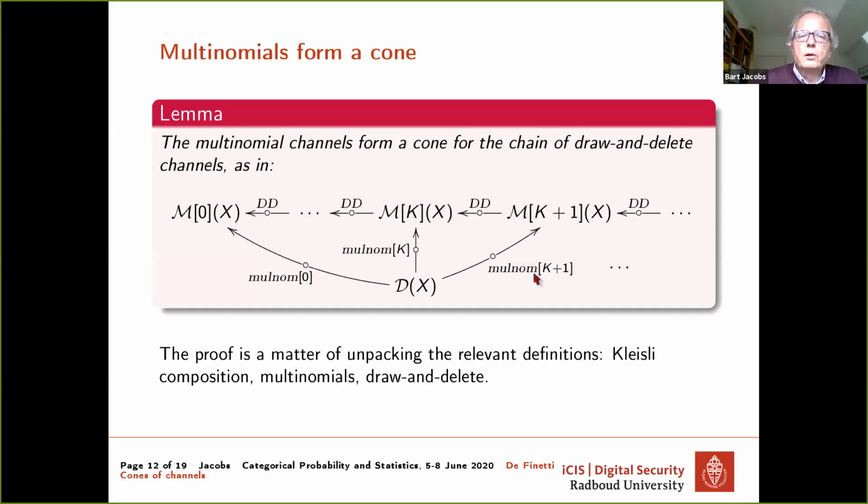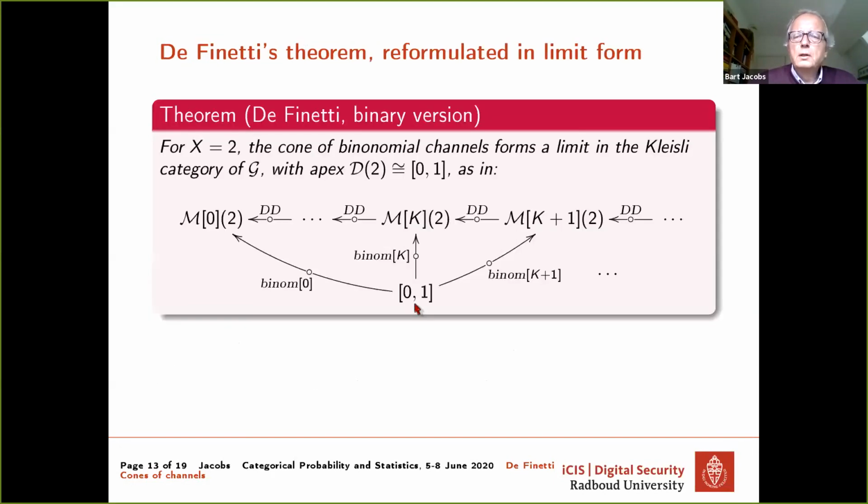This diagram, this cone, lives totally in the Kleisli category of the discrete probability monad. Everything is discrete here. But as soon as we want to take a limit, we need to include continuous probability, so we have to embed this original diagram in a richer category, the Kleisli category of the Giry monad, and there we can formulate it in this way.